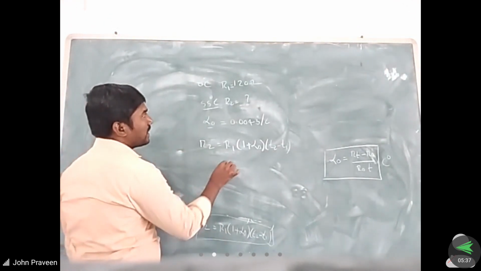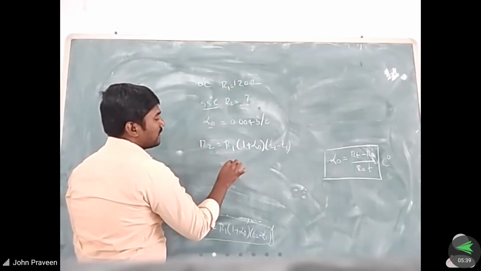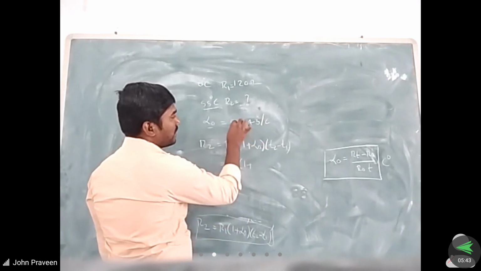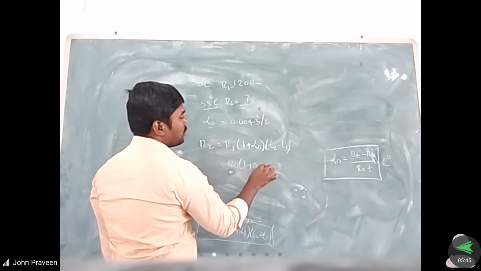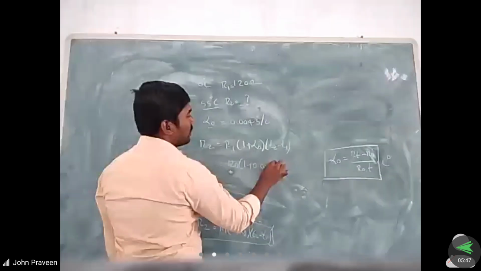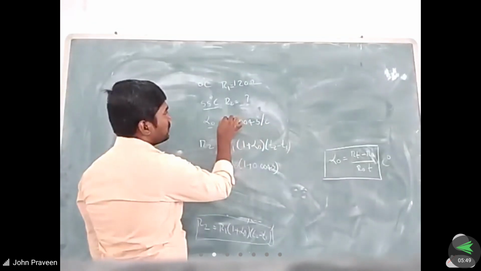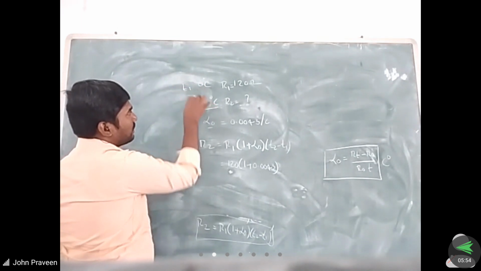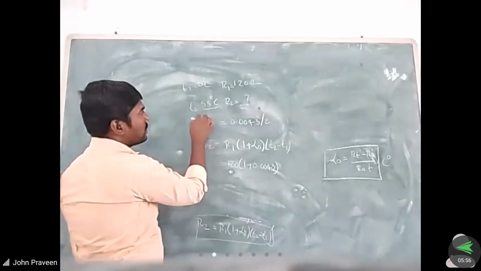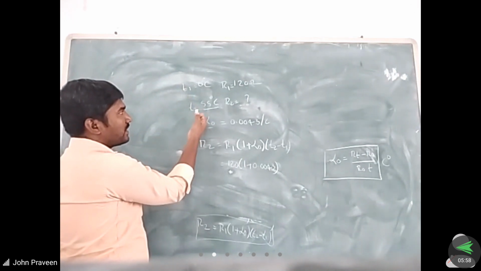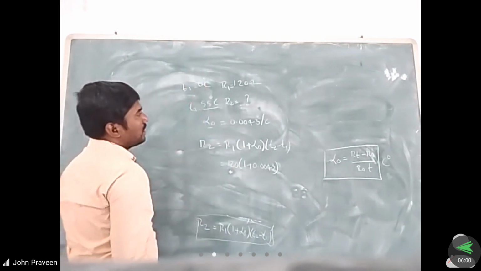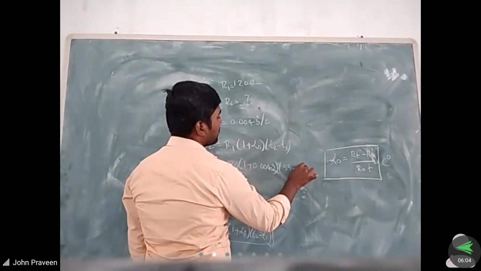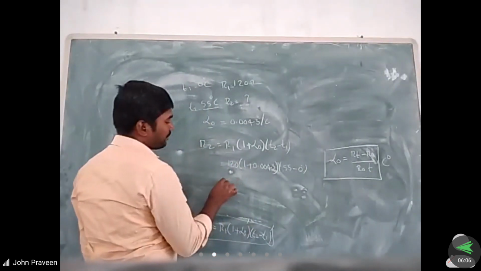R1 is already given in the problem, that is 120, and the alpha naught value is directly given, 0.0043. T2 is this, T1 is this. Right? If you cannot remember which is T1 and T2, it is directly highest value minus lowest value. So, 55 minus 0 degrees.